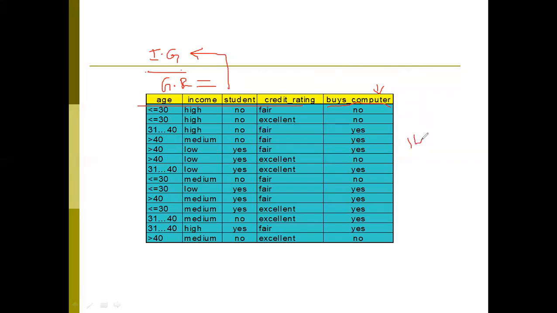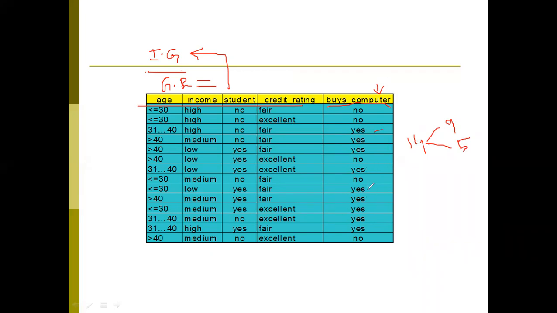Among these 14 records, how many class labels? Yes class labels, no class labels, or you may say yes instances, no instances. Among these 14, 9 are the yes class labels, or yes instances. Okay, 9. And 5 are the no class labels. This table has a total of 14 records.